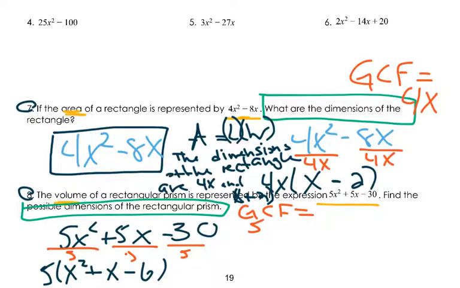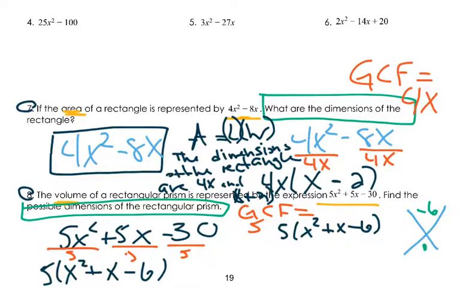So now we have 5 times x squared plus x minus 6. I see I'm working with a trinomial, so I'm going to do the Xbox method. As the Xbox method says, I take A and C and multiply them together, which gives me negative 6. And I take the B, which is 1 here.